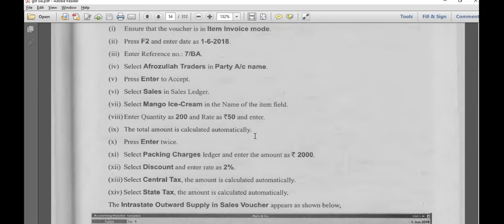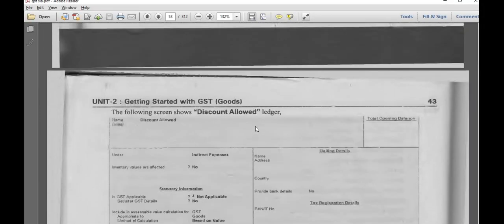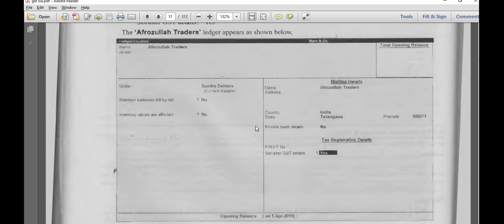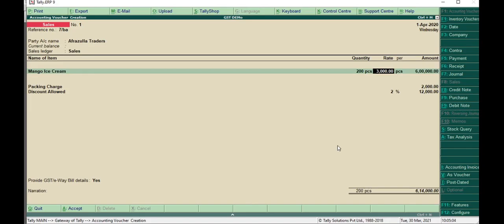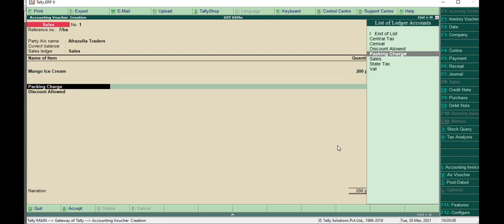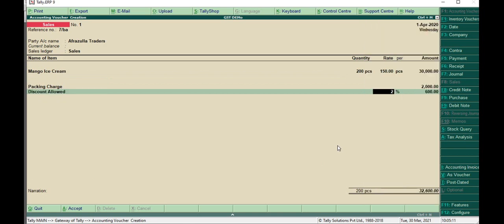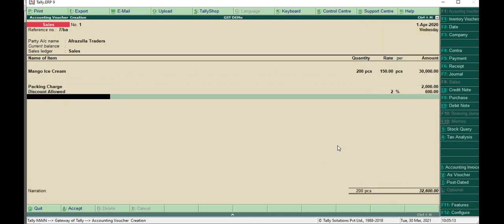What he has given, what we have sold, 200 at 150. Okay, now we got that. That is 2%. Automatically it has calculated 600.